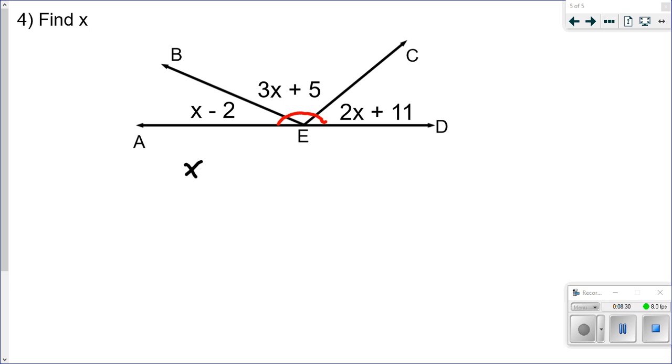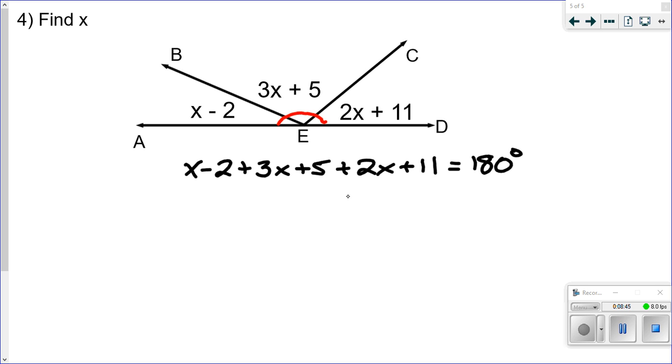So I have x minus 2 plus 3x plus 5 plus 2x plus 11 equals 180 degrees. So combine like terms. So I have 1x plus 3x plus 2x.